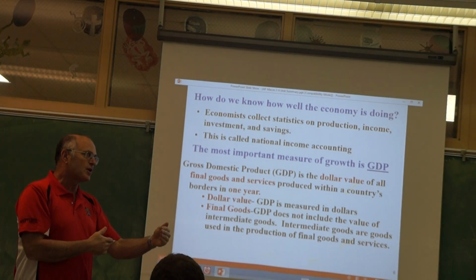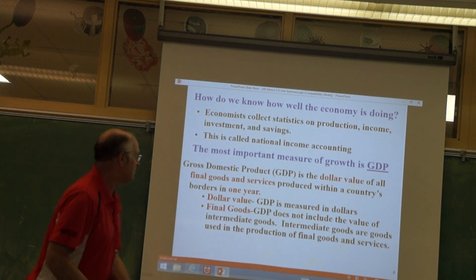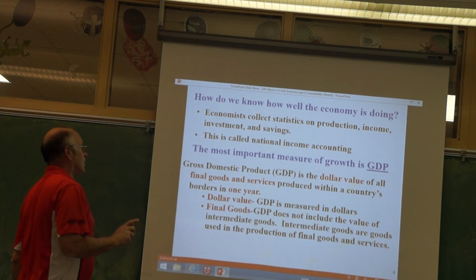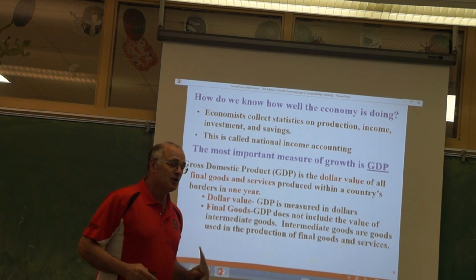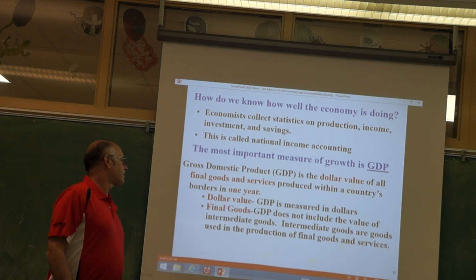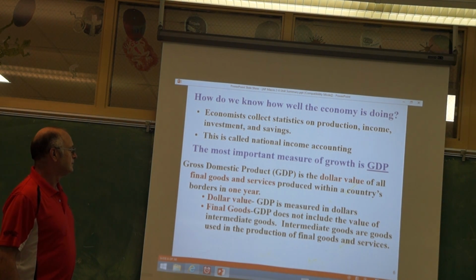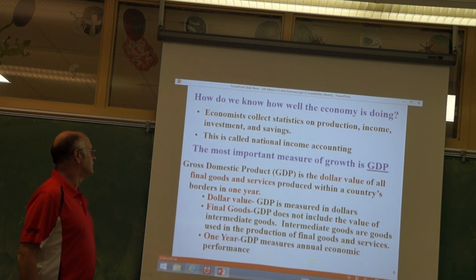If we counted the tires sold to GM and then the car, we would be double counting. So intermediate goods are not counted in GDP. What's counted is what's purchased by consumers, the final purchase, and it's usually in 1 year.